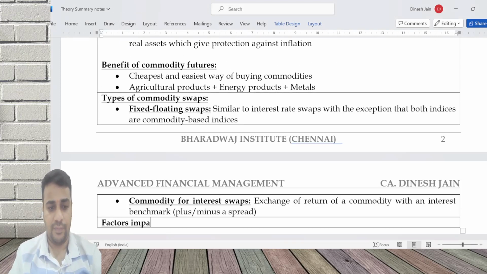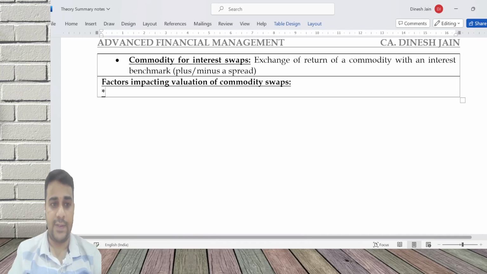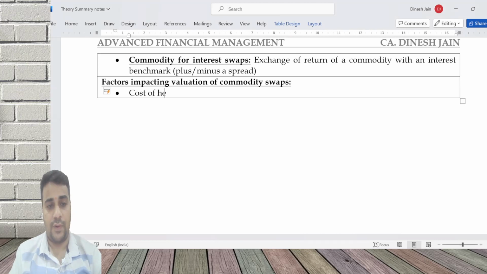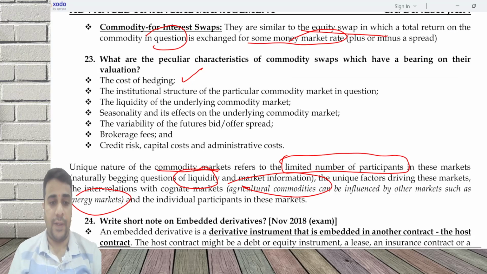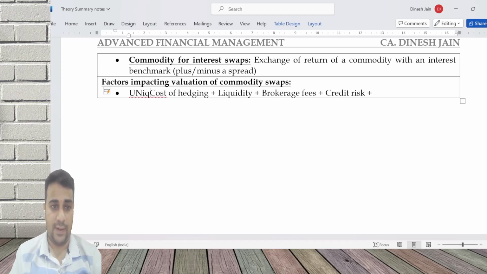Factors impacting valuation of commodity swaps: cost of hedging, liquidity, brokerage fees, credit risk. These are unique factors.